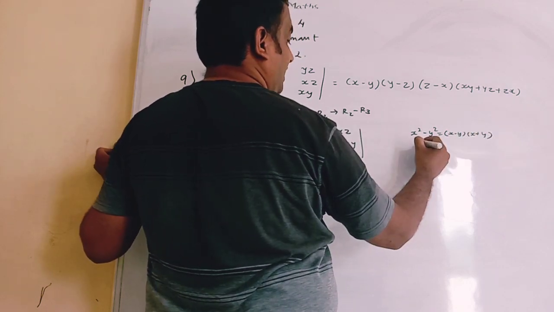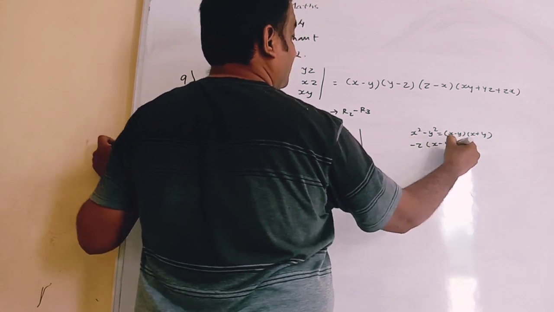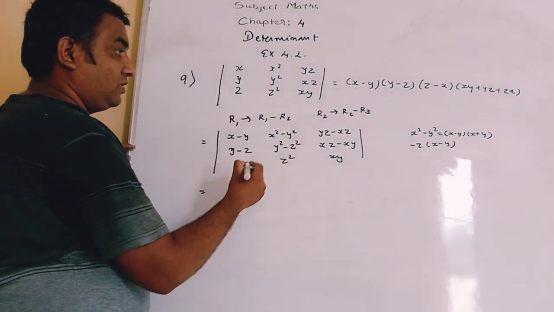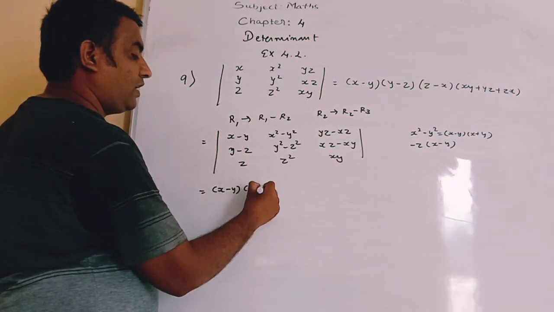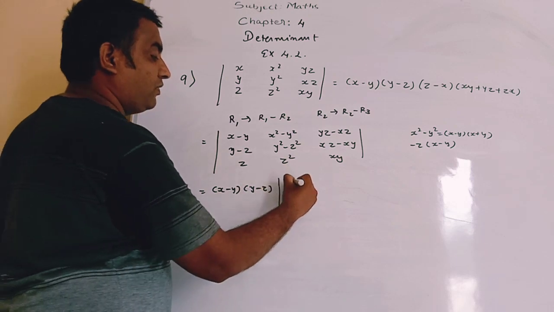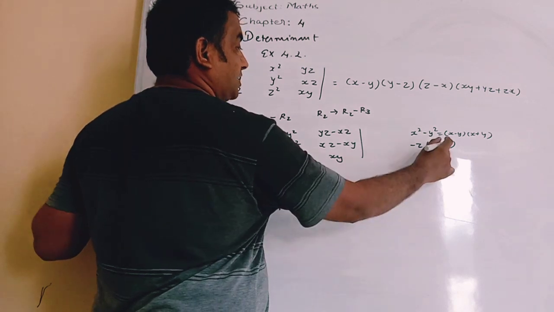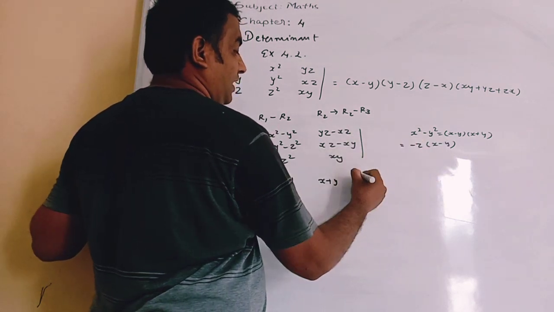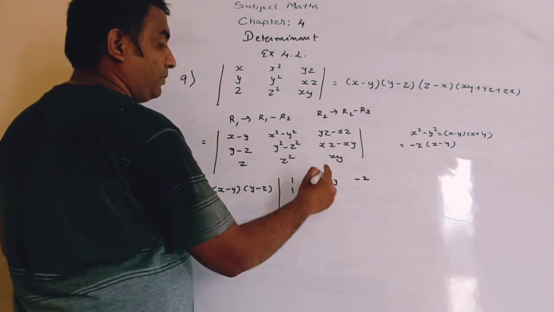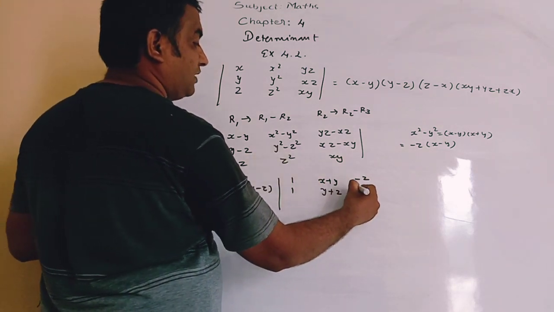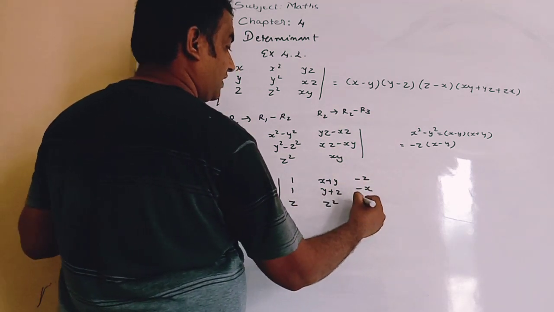And from here z we take out minus z, and then it is x minus y. And so from the first row x minus y common, second row y minus z common. We get 1. Here x minus y common, so x plus y. Here x minus y common, so we get only minus z. Same here 1, y minus z common, so y plus z. And here minus x, and here z, z square, xy.